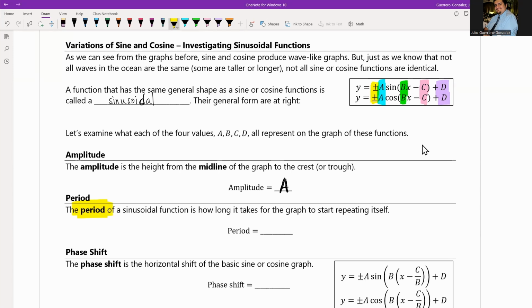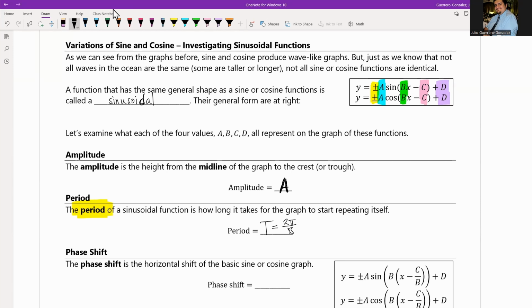When this b value is something other than 1, then we have to recompute our period. In that case, the period is given by a variable T, and it's going to be 2 pi divided by b. Whatever that b is just gets put on the bottom and you divide it out.